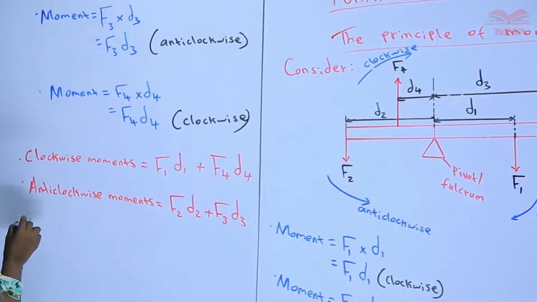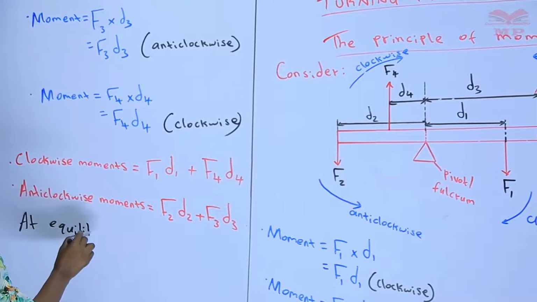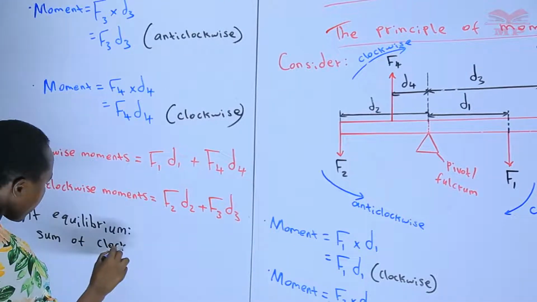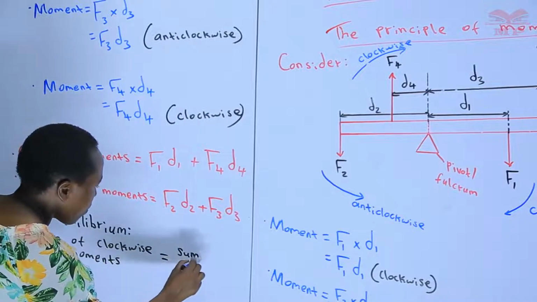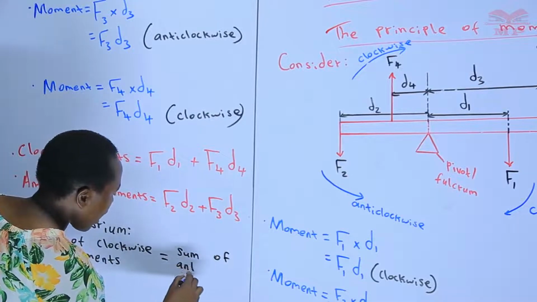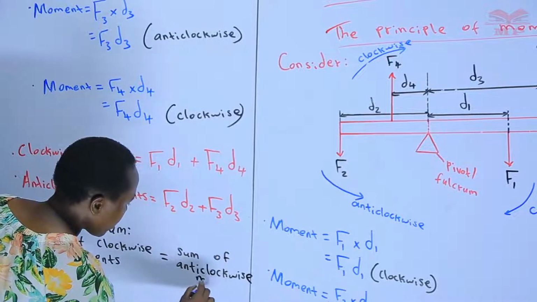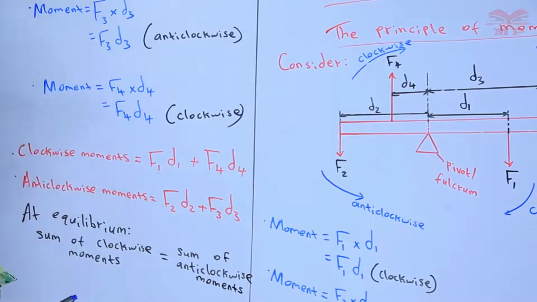So if it is at equilibrium, the sum of clockwise moments will be equal to the sum of the anti-clockwise moments. That is at equilibrium.